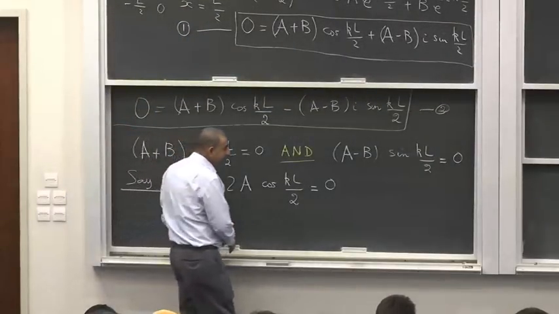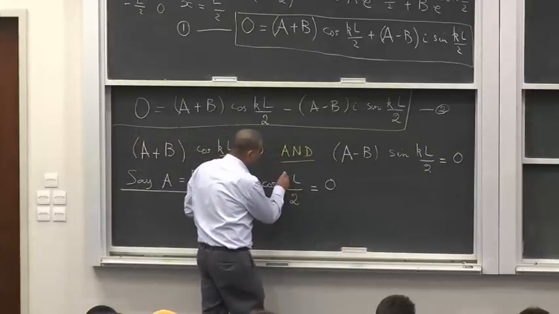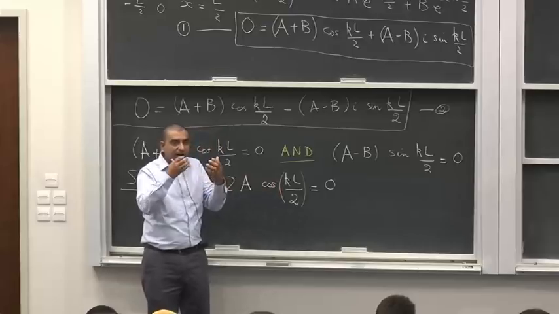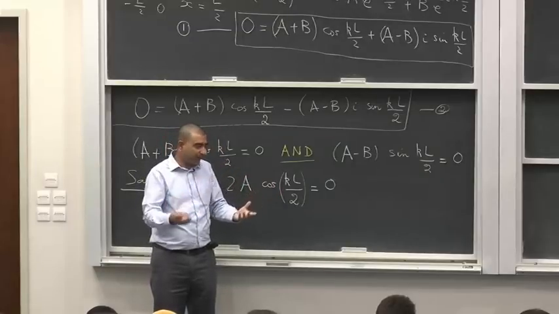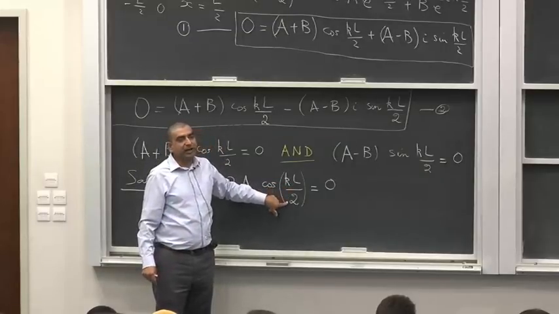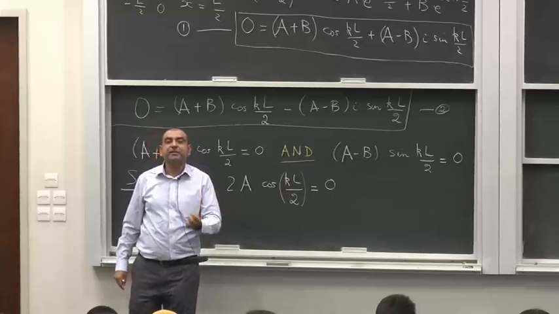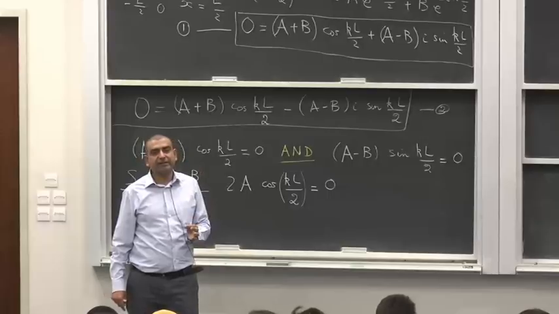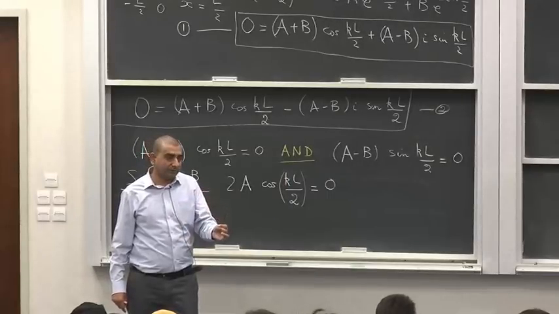Then I have imposed a constraint on KL over 2. The cosine of certain arguments is 0 always, provided KL over 2, the argument of the cosine function, is 90 degrees, 270 degrees, or multiples thereof.